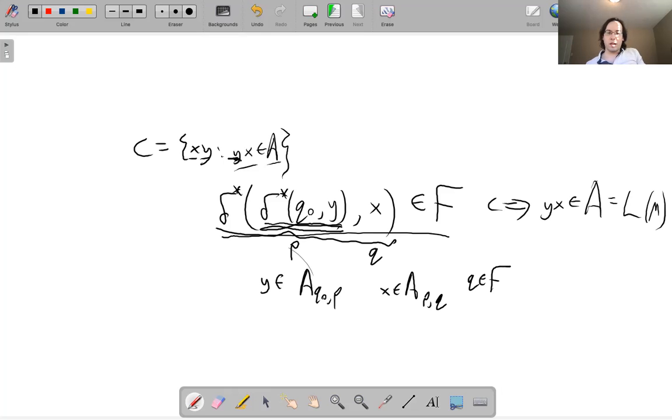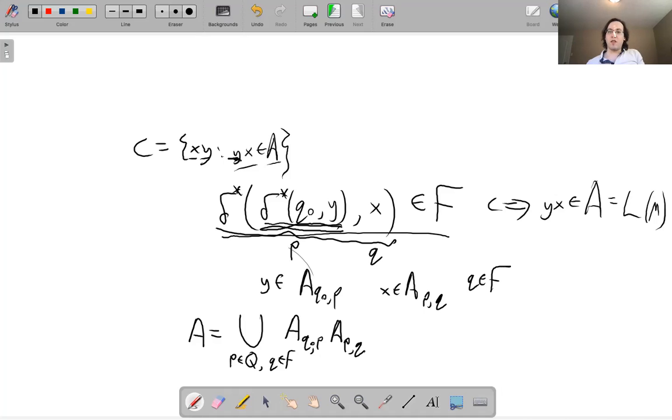So basically what we're saying is that A can be written as the union over states P in Q and states Q in F of the concatenation of Y and X. So this is A Q0P concatenated with A PQ.